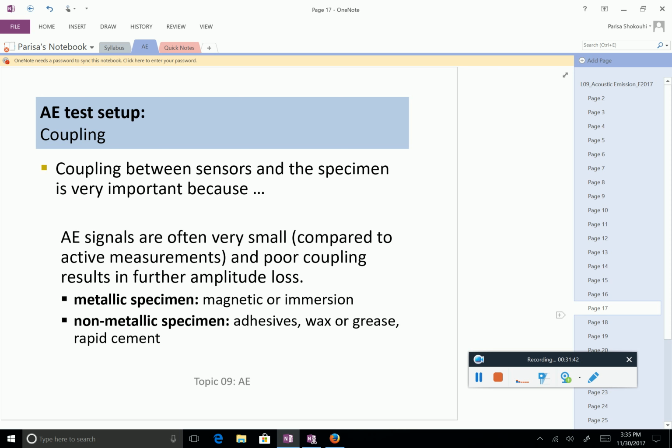So you try to have good coupling to make sure that you get good results. If possible, you want to have the sensors directly on the sample, not to dilute them or make them smaller by going through some other medium, etc.